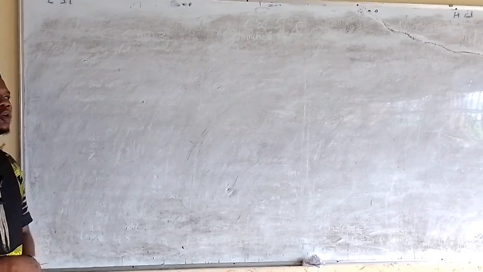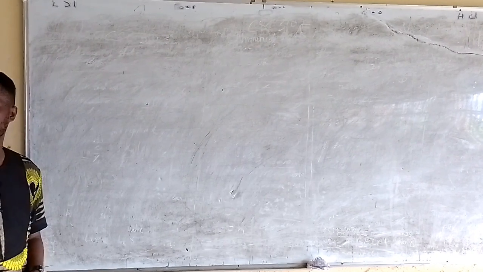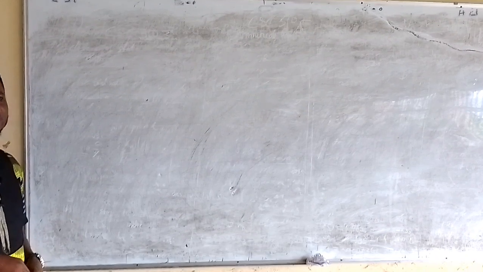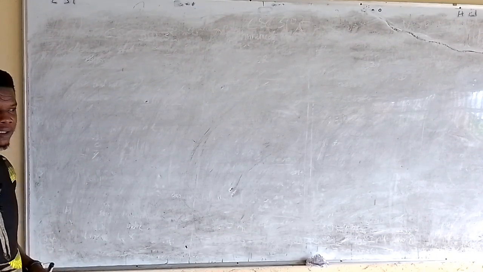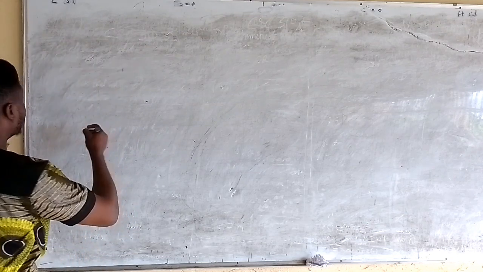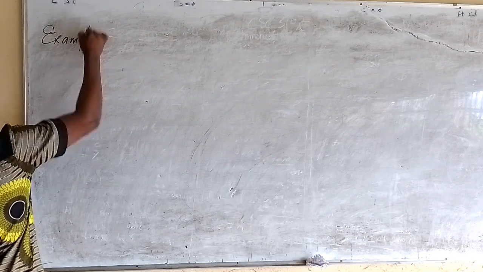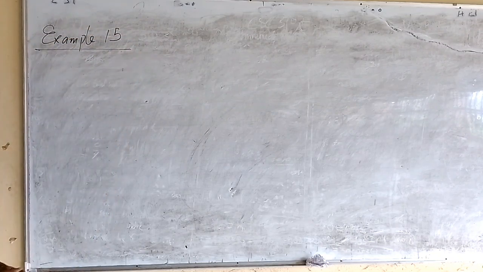I would love us to end that particular segment in today's class, because from the next class, our speed has to increase into other aspects we have to delve into. So let's quickly start with example 15.